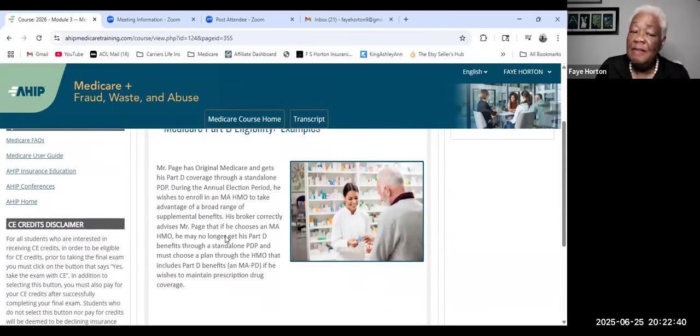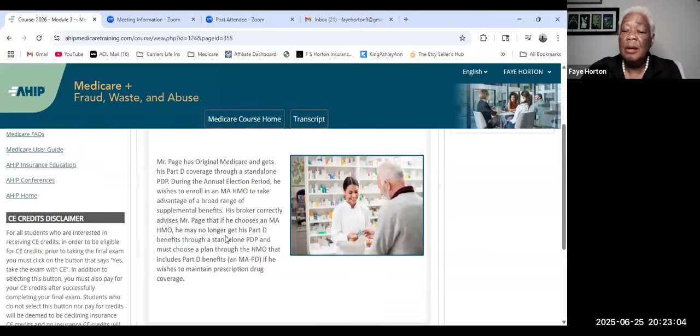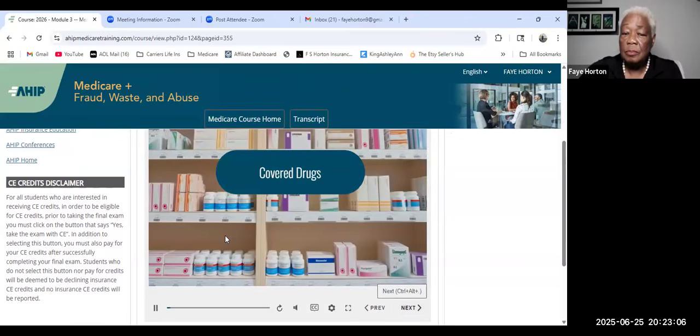His broker correctly advises Mr. Page that if he chooses an HMO, he may no longer get his Part D benefits through a standalone prescription drug plan and must choose a plan through the HMO that includes Part D benefits if he wishes to maintain drug coverage.